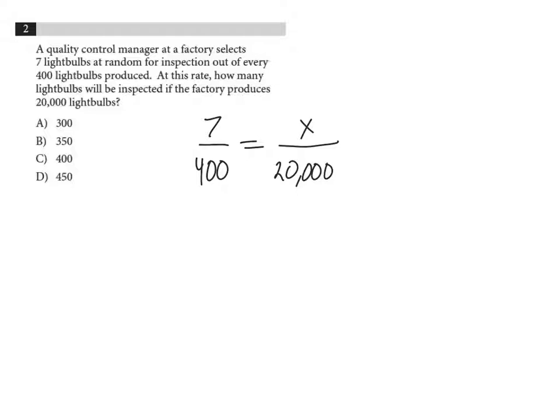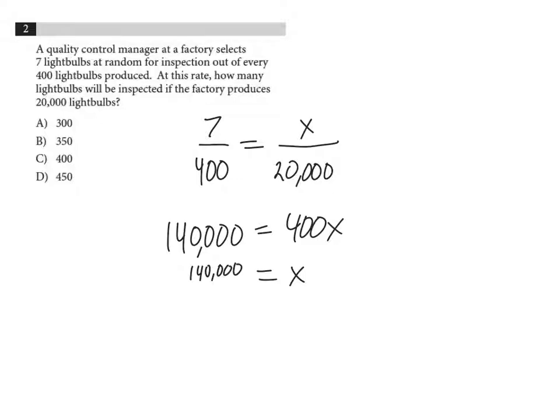Okay, we can cross multiply, or essentially undo this division. Multiply both sides by 400, multiply both sides by 20,000. We're going to get 140,000, it's going to be 4 zeros, and 400x. I'm going to divide both sides by 400, and I'm going to get x equals 140,000 over 400.